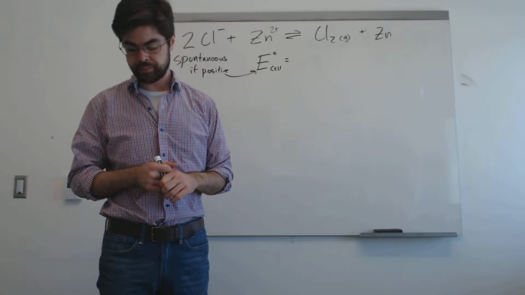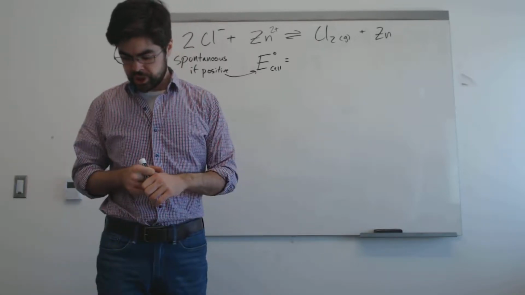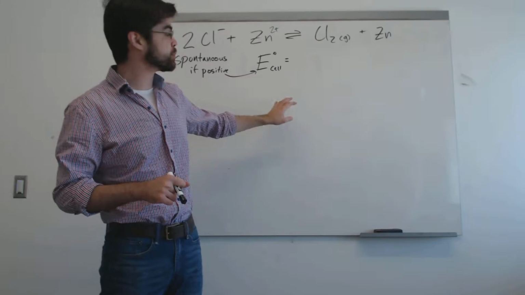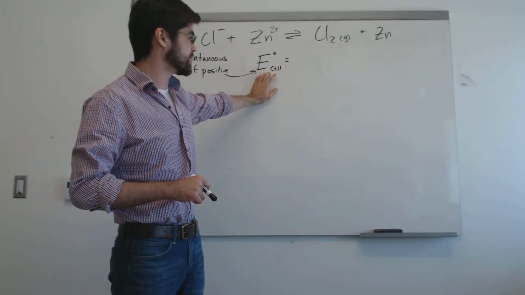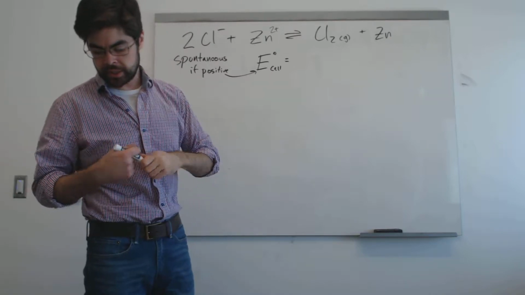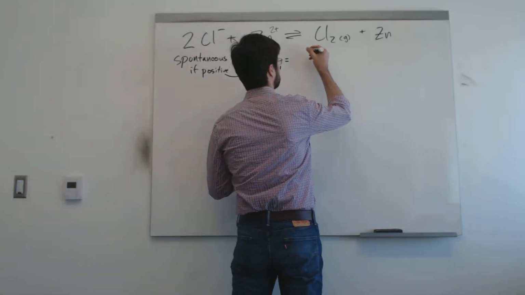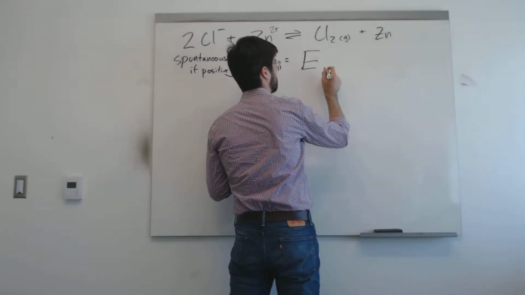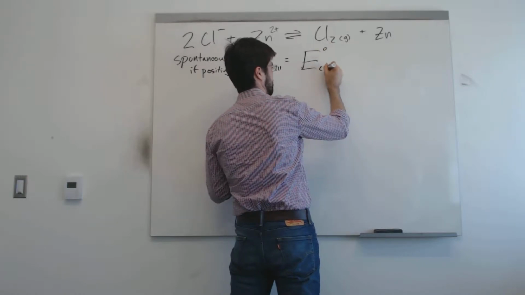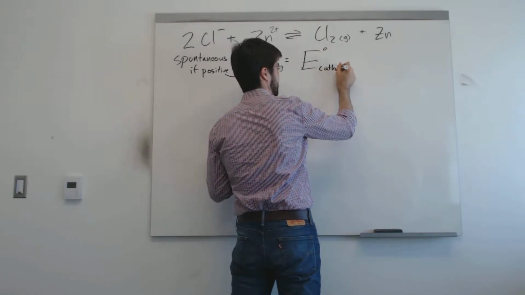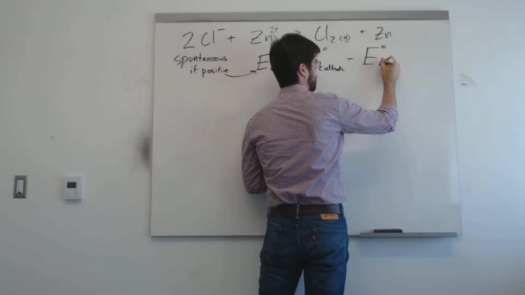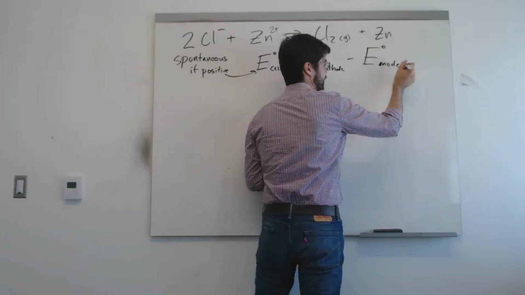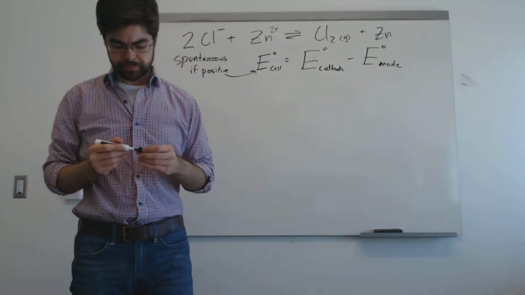So generally speaking, if you have an electrochemical cell, the cell potential is equal to the difference in the standard reduction potentials of the cathode versus the standard reduction potential at the anode.